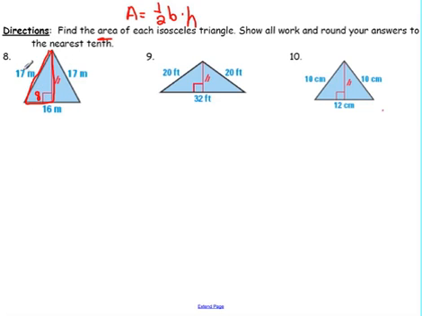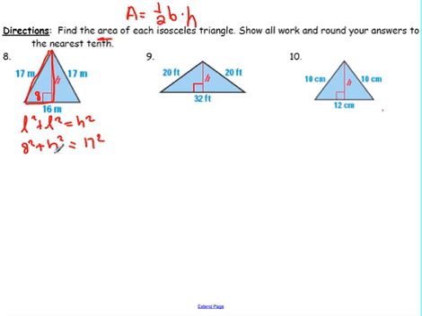So if this is 8 and this is 17, I can use the Pythagorean theorem to find basically the height of the triangle, or just the leg here. So if I use this, leg squared plus leg squared equals the hypotenuse squared. Again, this is going to be 8 squared plus, in this case, the height of the triangle squared equals 17 squared. Again, this is a little confusing because of the variable that's used.